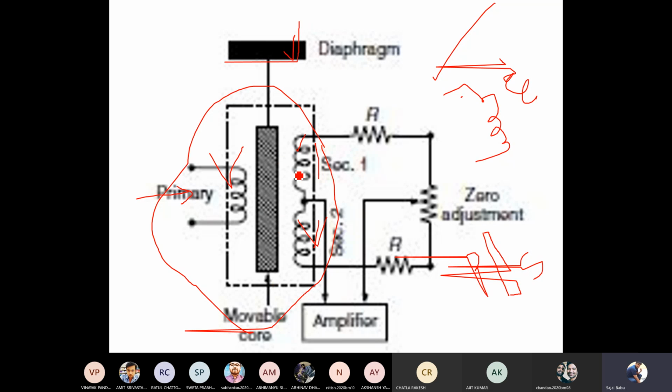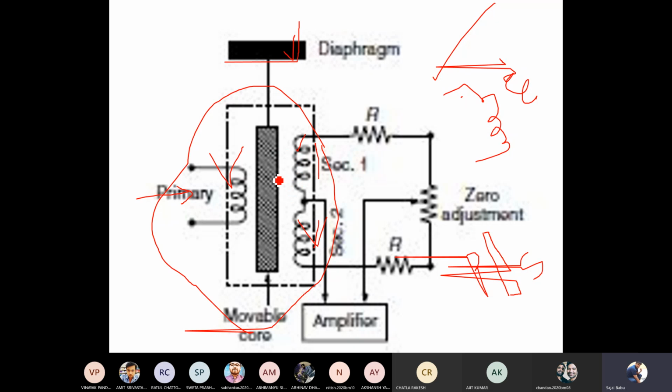downwards, the magnetic flux linking with secondary one and with secondary two, as I said, is initially equal when the core is at the middle, so the voltage is equal and the output voltage is zero, right? But in our case one, when we move this downwards, the core is not in front of this secondary winding, right? It is moving downwards.